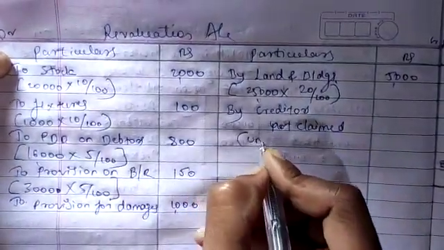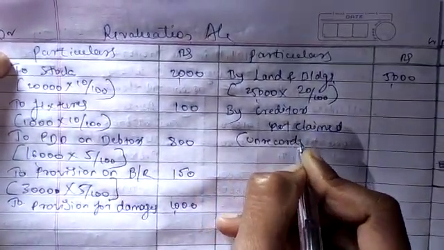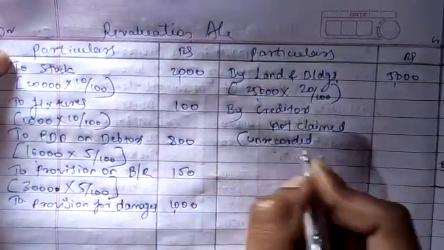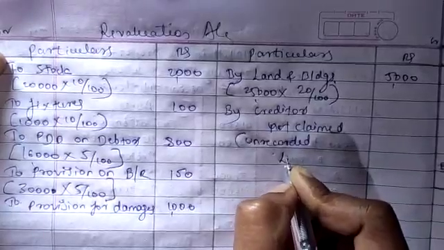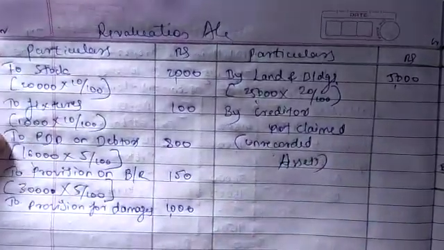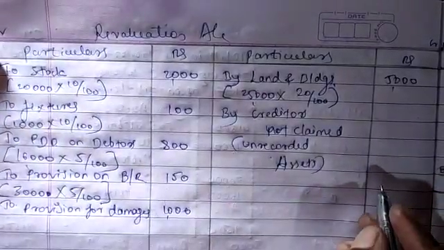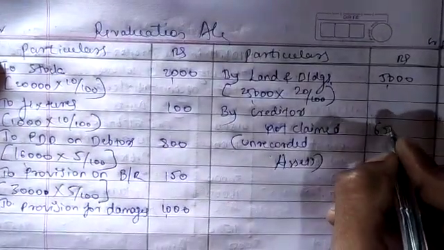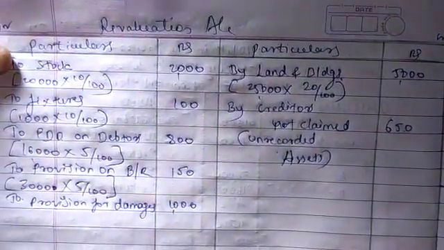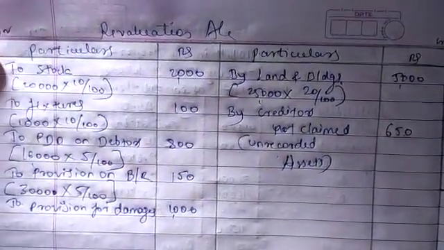It is an unrecorded asset, not liability, it is an asset. So now the amount is 650. These all are the adjustments which are entering in the revaluation account.